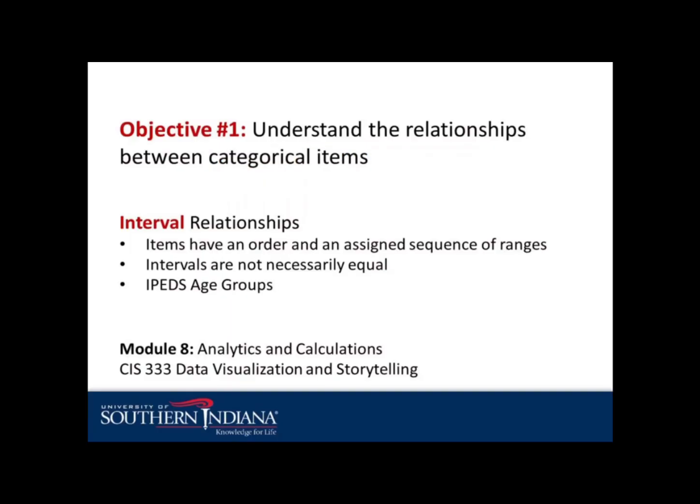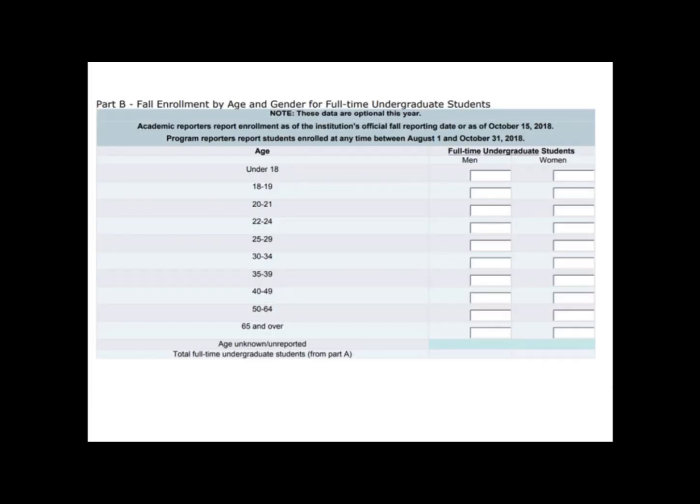Now, on the other hand, interval relationships also have an order, but they also have an assigned sequence of ranges. They're more measurable. However, the intervals might not necessarily be equal. An example is the IPEDS age groups, which is in our midterm project data set. So here are the different age ranges.